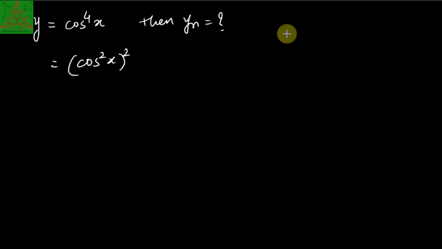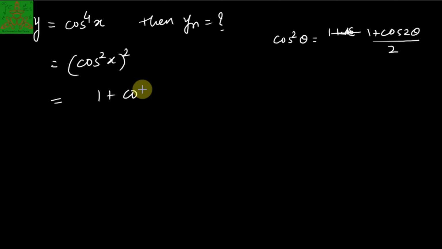And cos square, as per the identity of cos 2 theta, is (1 plus cos 2 theta) by 2. So we can write this as ((1 plus cos 2x) by 2) whole square.